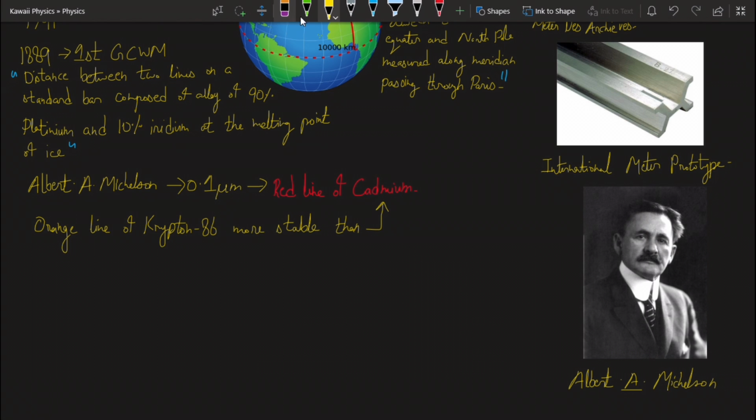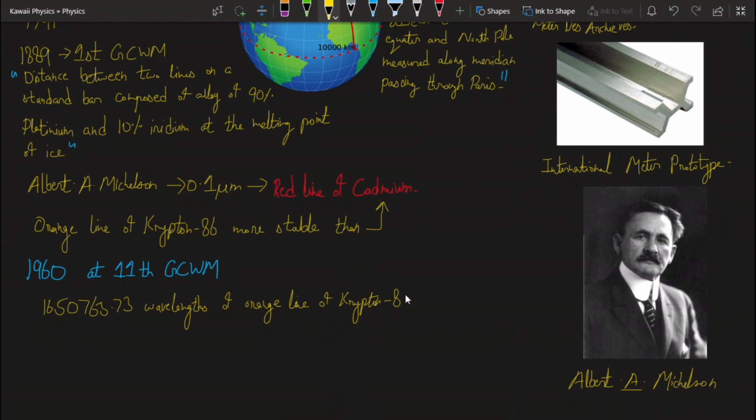So as a result, in the 1960s, at the 11th General Conference on Weights and Measures, they defined the meter as 1,650,763.73 wavelengths of the orange line of krypton 86.